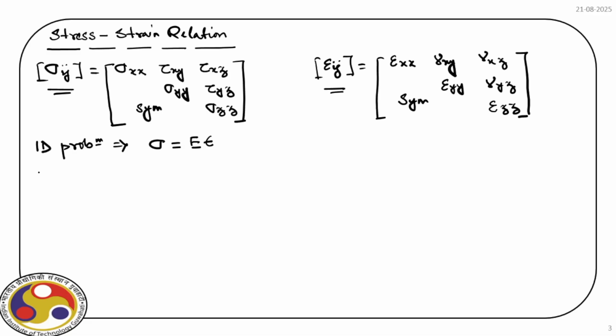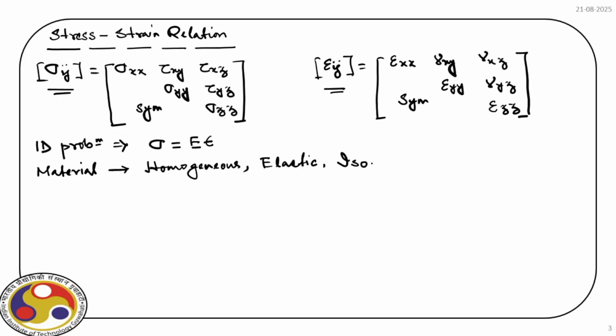So the material is homogeneous, elastic, and isotropic. So it is homogeneous, then elastic, and isotropic, right? I will explain each and every terminology in a minute.